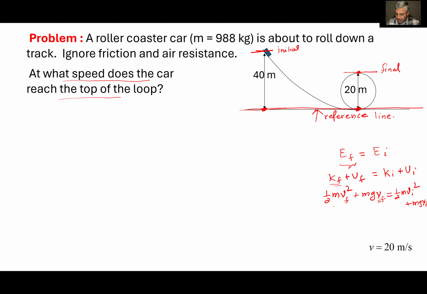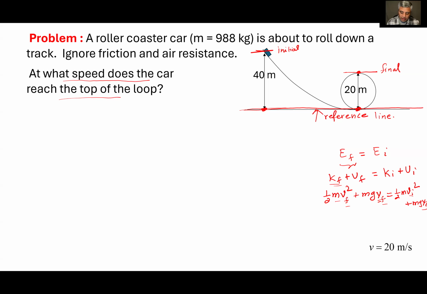So we can see here, the conservation of energy involves speed and positions. No force, no acceleration, and so on. Because of that, what we need is these things. Let's see what are the things we know out of these.